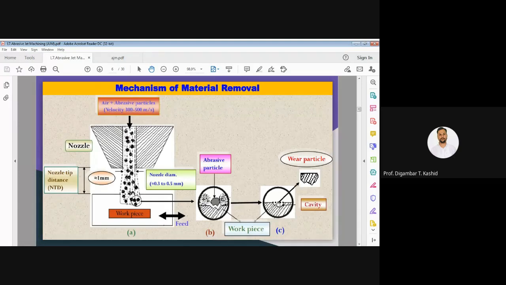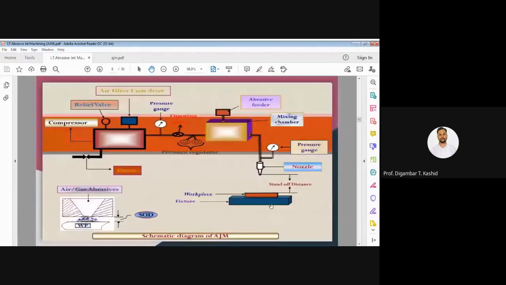You need to keep increasing your nozzle tip distance, or stand off distance, and the size of the cavity will keep increasing, but the depth keeps on decreasing, as I will show in the next slide also.